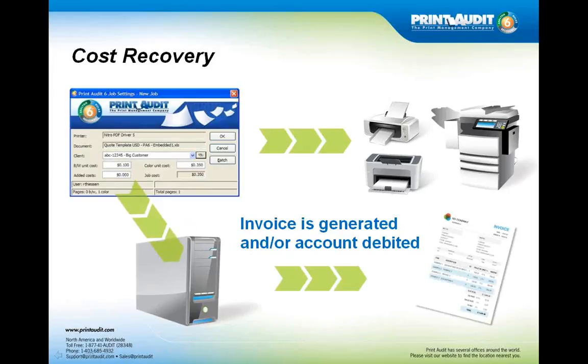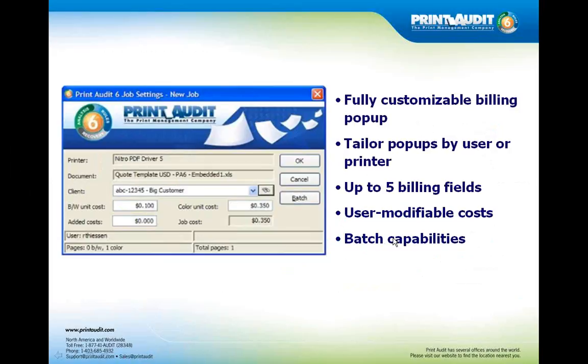Now, I mentioned the pop-up window has a lot of customizability to it. There are up to 5 billing fields that can be used, and you can select from what types of fields. We've got searchable fields, drop-down fields, radio button fields, and free-form fields that aren't validated, so non-validated fields.